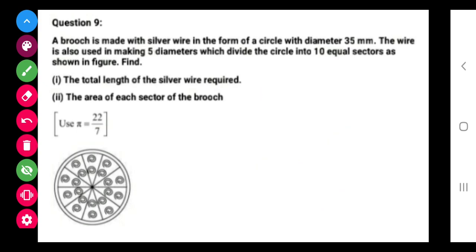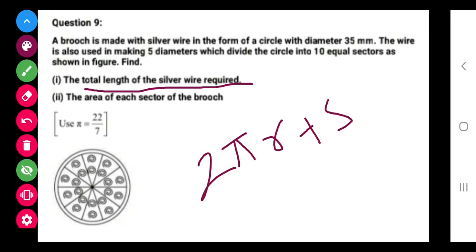So this diagram is made. Now class, what we are going to do, we have to find first of all the total length. So the total length is 2 pi r plus 5 into diameter.